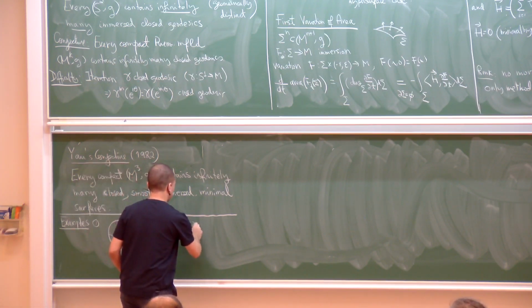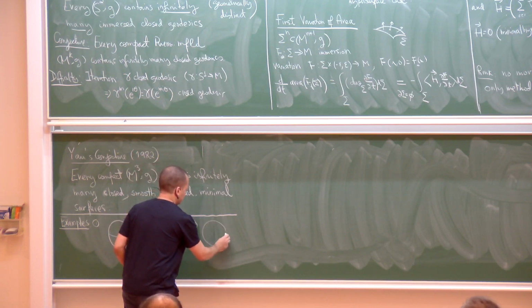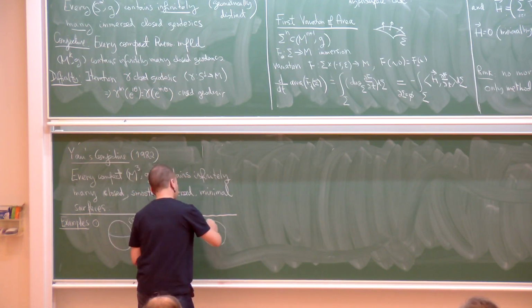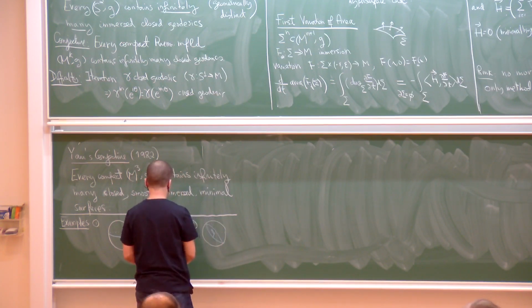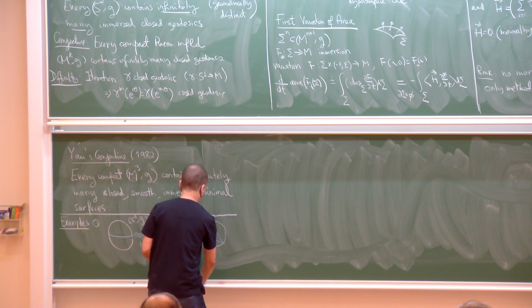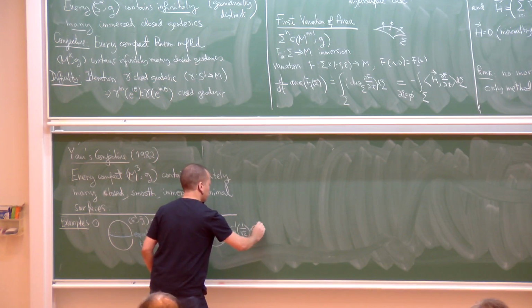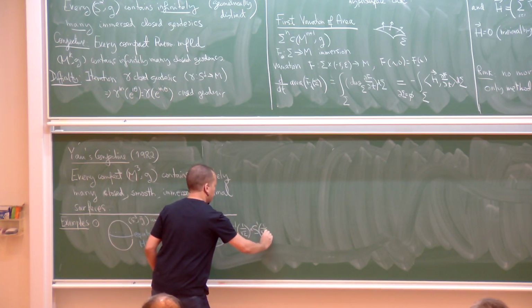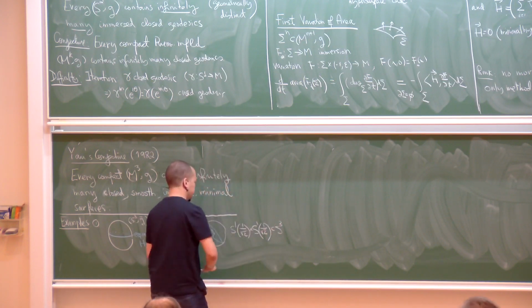Second simplest example, again for round S3, is actually a torus. It's defined as S1 of radius 1 over square root of 2 times S1 of radius 1 over square root of 2. This is contained in the 3-sphere, and it's called the Clifford torus.